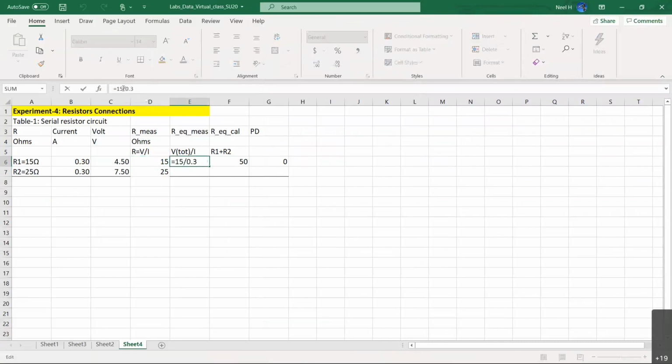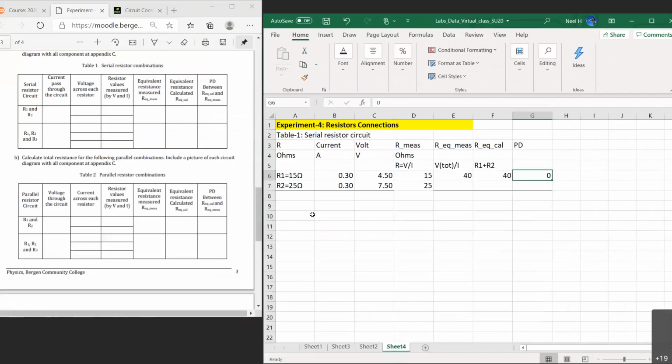This should be 12 divided by 0.3, and then this should be 15 plus 25, which is 40. Yes, it's still the percentage difference here. Okay, good. Yes, good point. The resultant resistance should be only 40 because we are applying 25 and 15. Good. Okay. Everybody okay with table number 1?